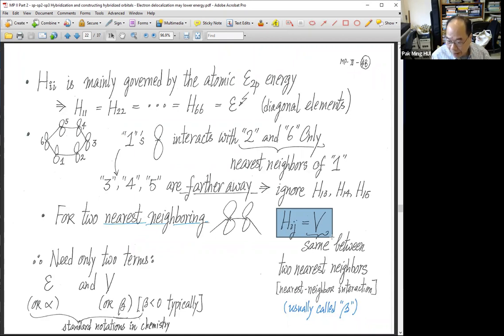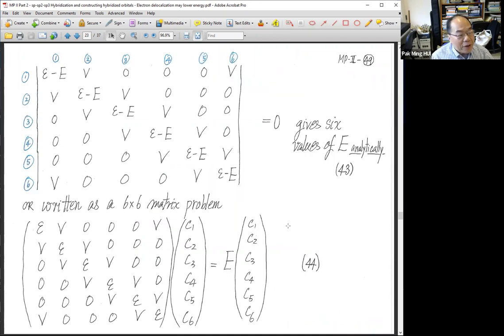Okay, now let's write down the whole thing. So 6 by 6. With this discussion, things become very simple. H11 equals H22 because they are the same carbon 2pz. I call it epsilon. E is the unknown. We are going to solve for the eigenvalues.